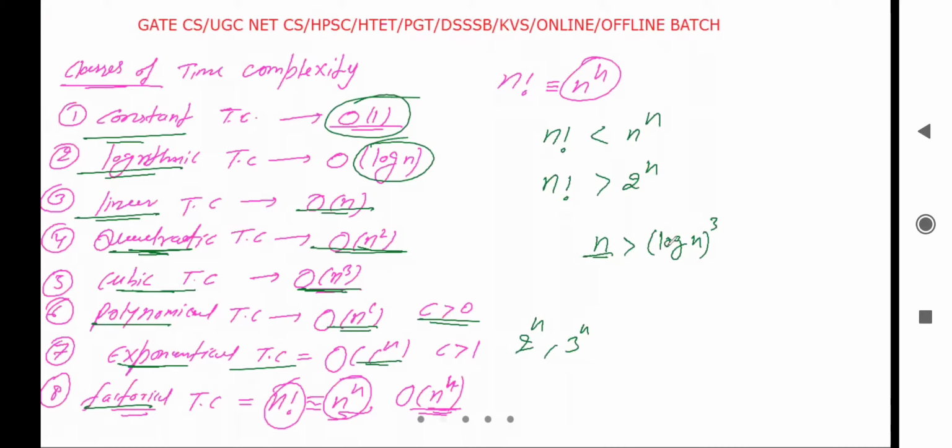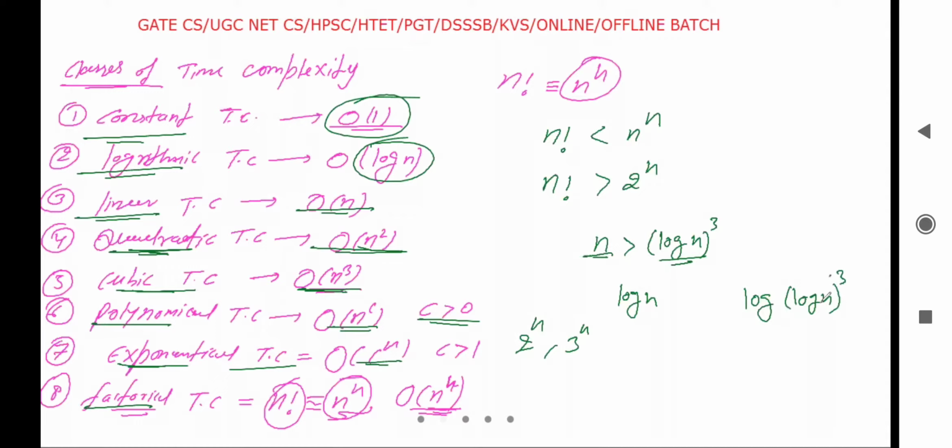You can analyze by putting in values of n and solving. Another method is to take log on both sides. Taking log here gives log of n, and taking log here gives log n power 3.